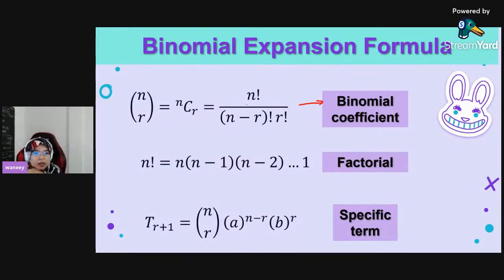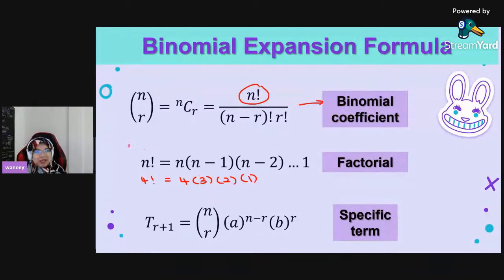N factorial is simply n times (n minus 1), (n minus 2), and so on. We simply reduce by 1 until we reach 1. For example, 4 factorial will be 4 multiplied by 3, multiplied by 2, multiplied by 1. So that's the last one. Don't go up until 0, otherwise everything will become 0.